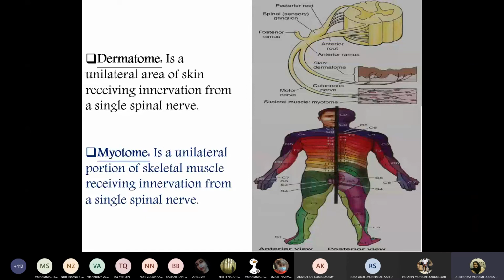For example, if somebody is giving me an injection in the upper part of my arm and I can feel the pain, what does it tell about the dermatome and the myotome there? The injection is hitting a dermatome nearby and I can feel it. So it explains the integrity of the dermatome and myotome.